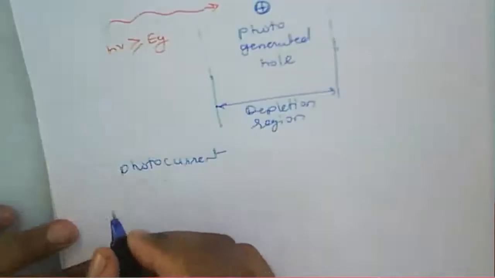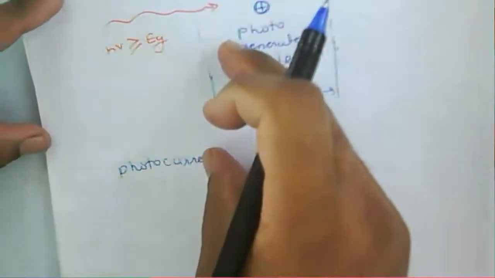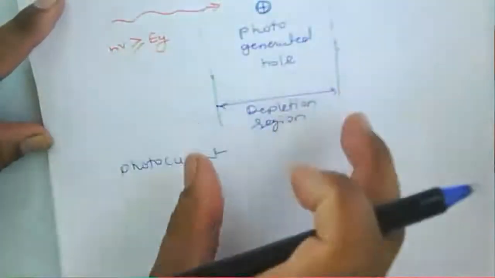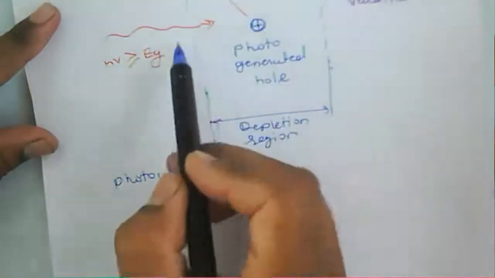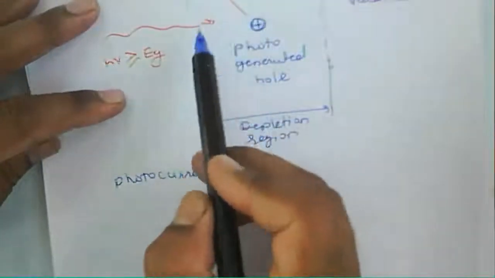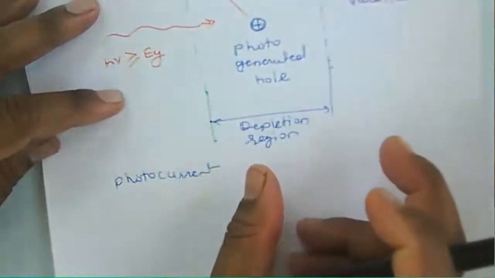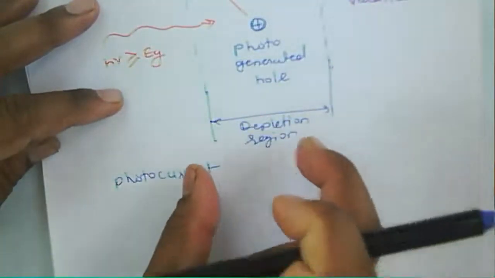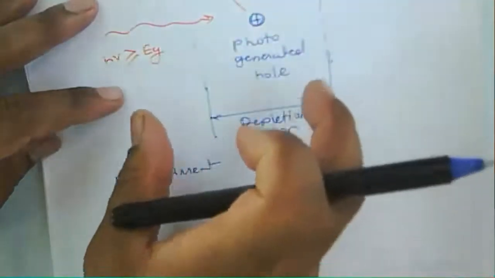And that photocurrent depends upon the number of charge carriers generated throughout this depletion region. So we should know how many holes and electrons are generated, and they move a distance, and that distance is called the diffusion length inside the depletion region.